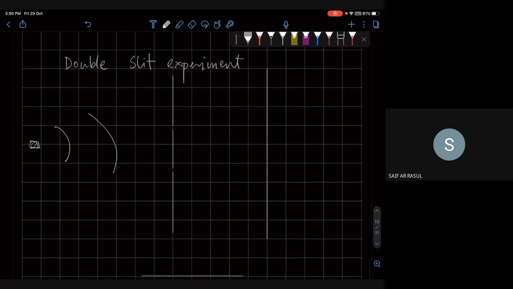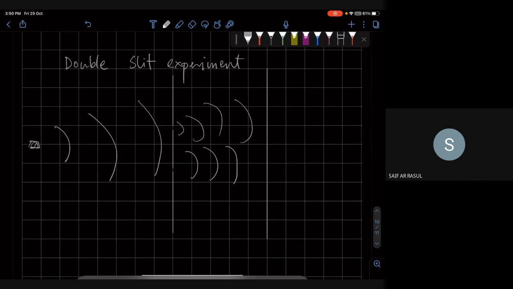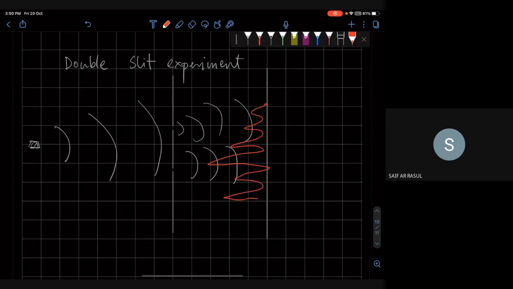The waves go, and these slits act as coherent sources, and then there is an interference pattern here, right? You all know this, I'm assuming. But this is a classical experiment, because we can treat these as electromagnetic waves.